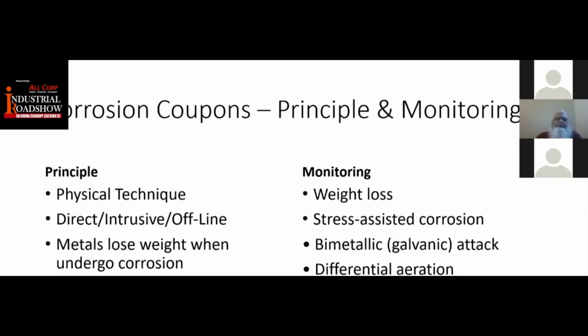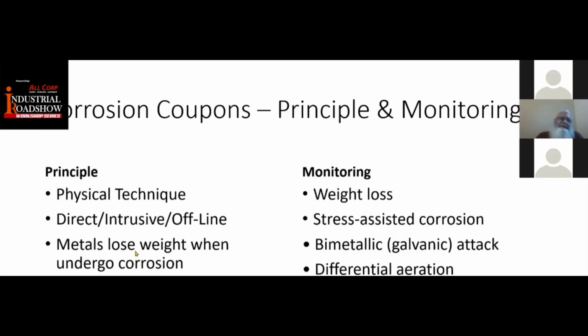And how the probe can be taken out: we can actually use retrievers and retractors online to take the coupons out. But still, it has to go to the laboratory for the analysis.